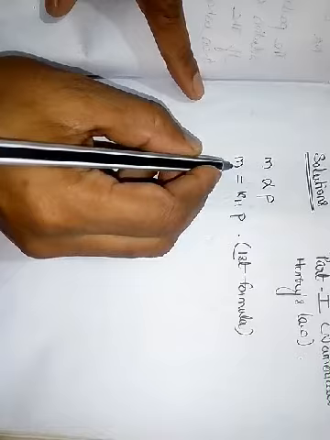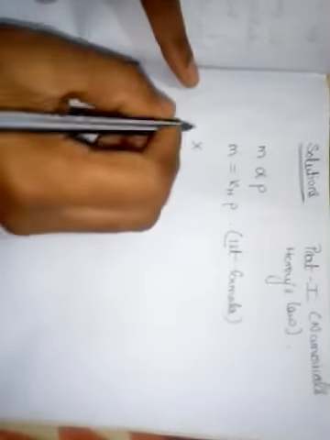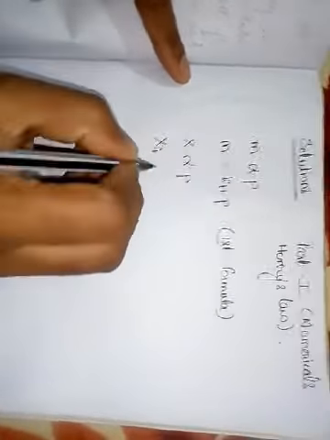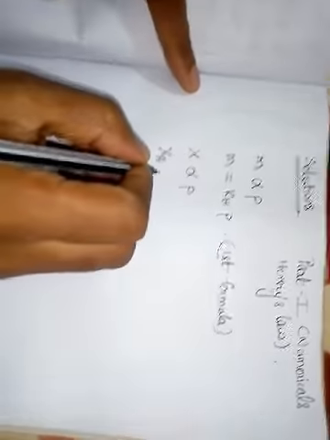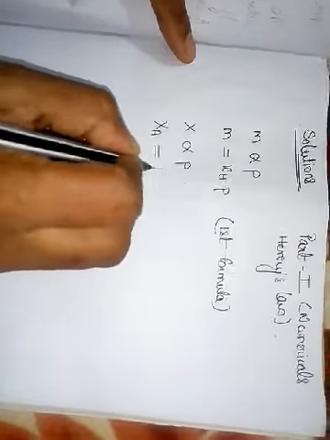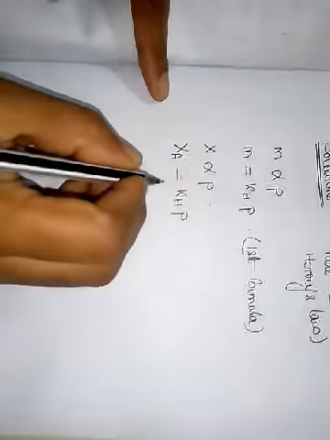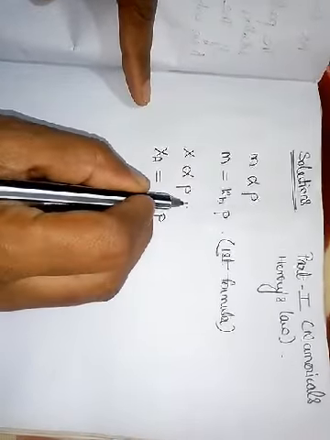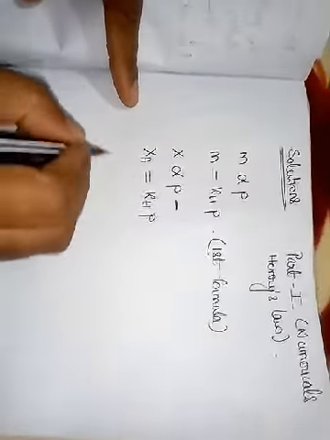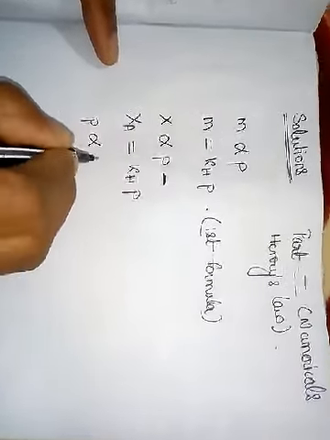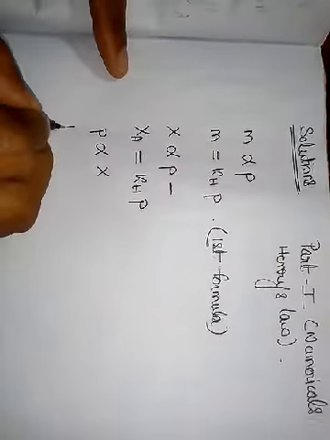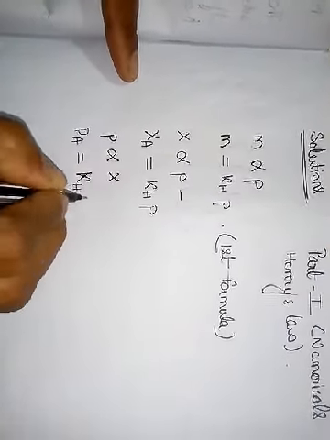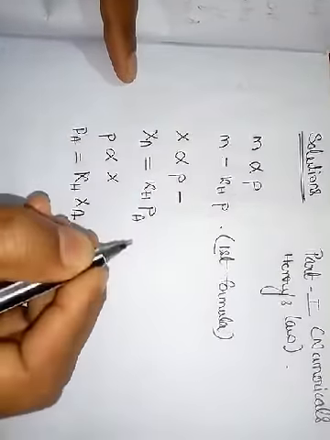Now, when mass is replaced by mole fraction, then X is directly proportional to P, or XA, A is the gas, is equal to Kh into P. Now, if we take the reverse of this equation, we get P directly proportional to X, or PA is equal to KH into XA, and here also it is PA.